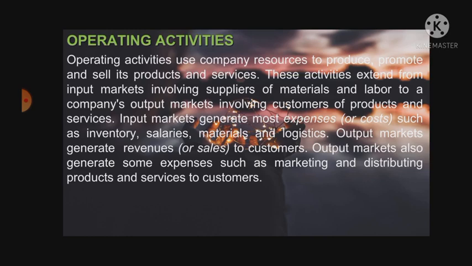Input markets generate most expenses or costs such as inventory, salaries, materials, and logistics. Output markets generate revenues or sales to customers. Output markets also generate some expenses such as marketing and distributing products and services to the customers.